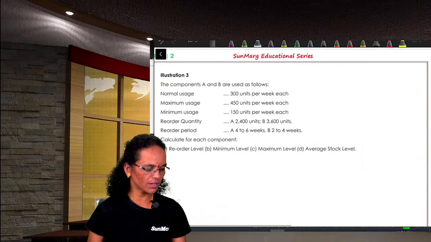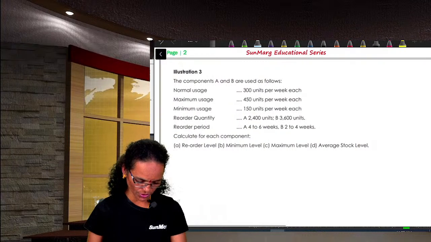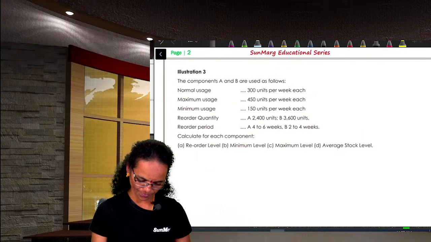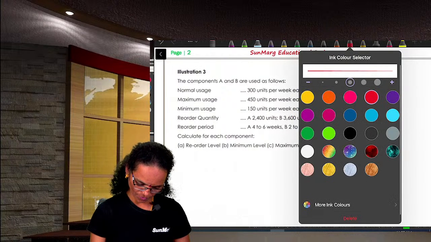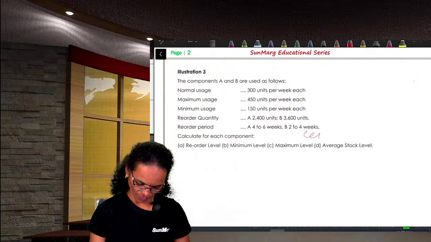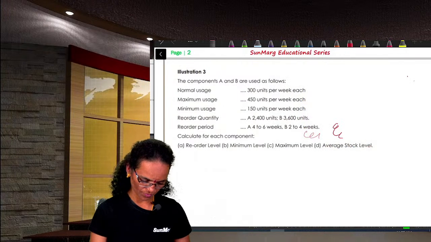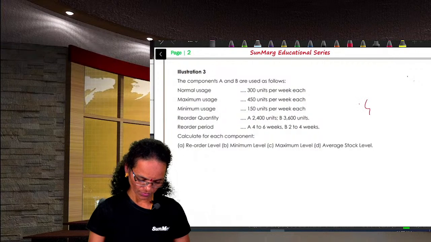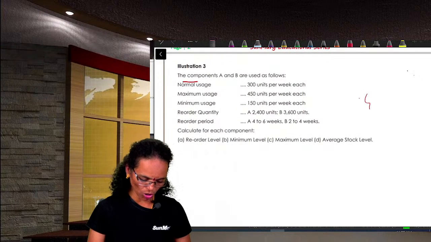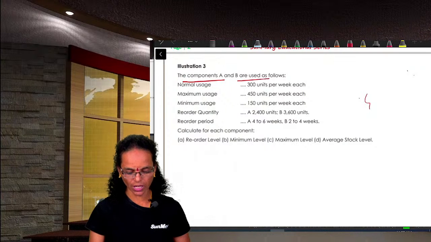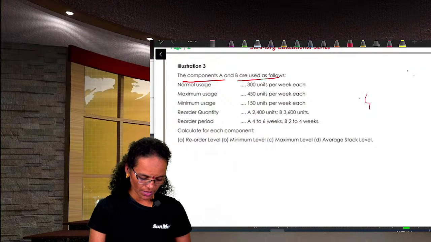Next, we go to the next problem. The components A and B are used as follows.